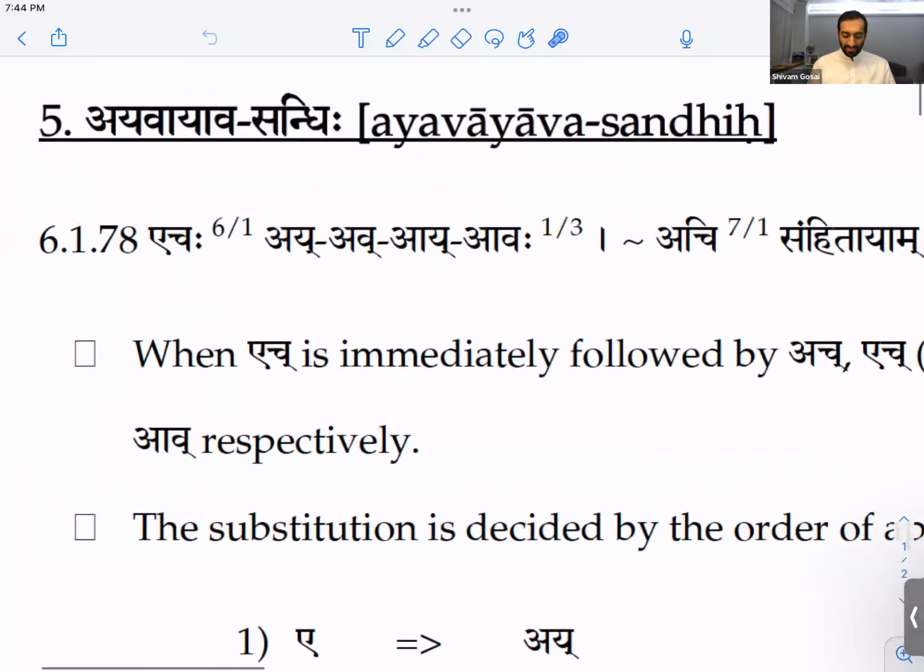So it's ecoyavayavah sandhihi. Okay, let me slow it down. Echo yavayavah sandhihi. So this will help you see it.